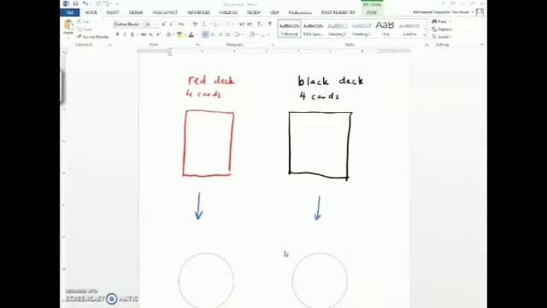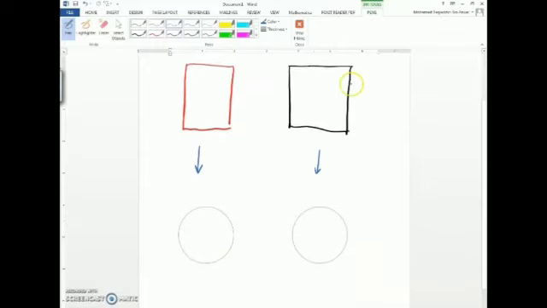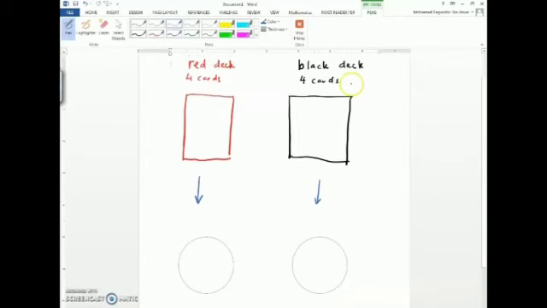What we are going to do is convert the situation of shuffling into the clock. If you look at the clock on your wall, the movement starts from the value of 1, 2, 3, and so on. So here we are going to deal with the same thing, starting with our red deck.